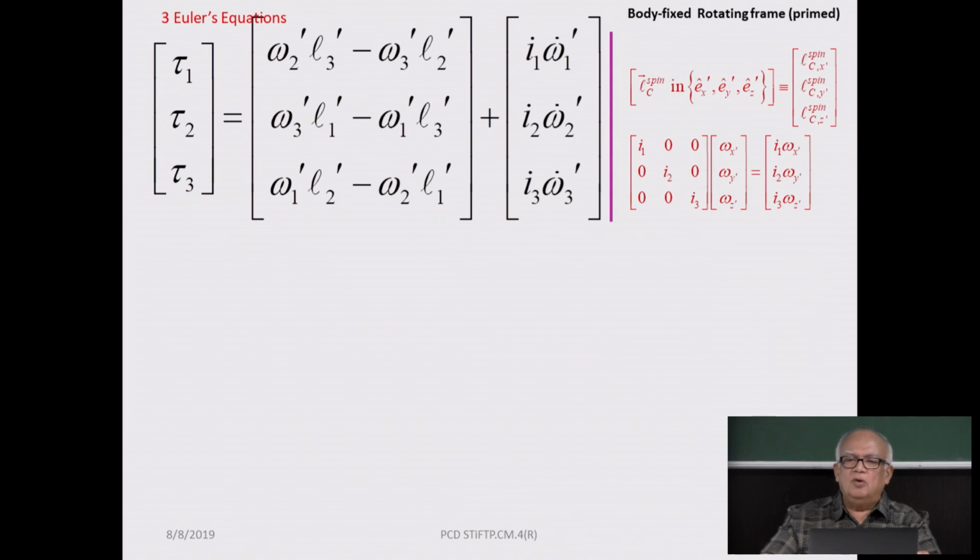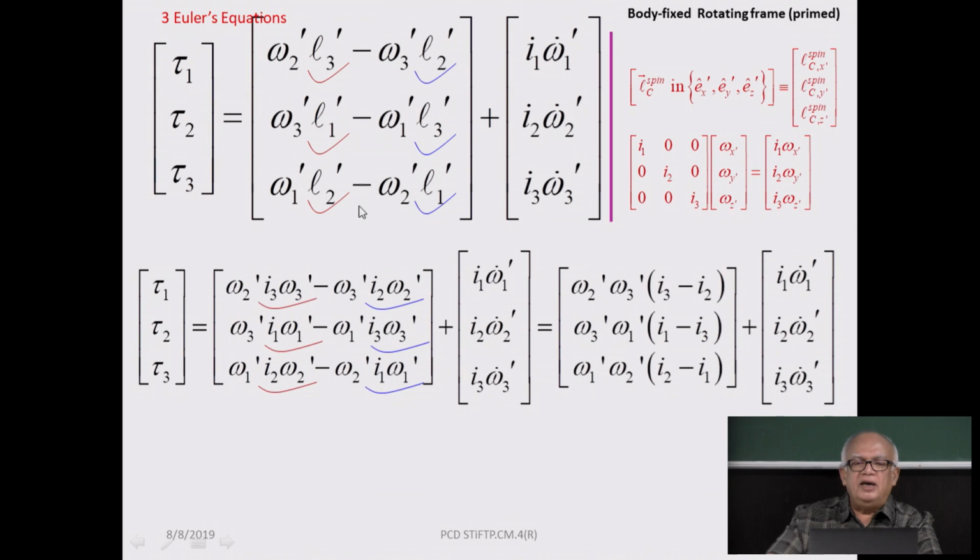Okay, so these are the Euler equations, and you can write this L3 prime, L1 prime and L2 prime because we know that these are components of the spin angular momentum in the rotated frame of reference. So these we know are given by I3 omega 3 prime from here, right?